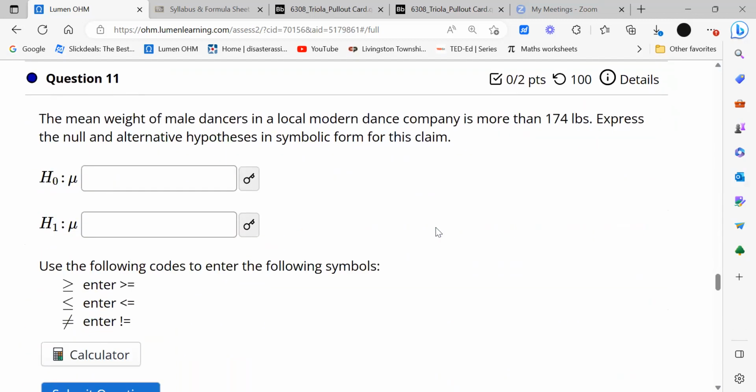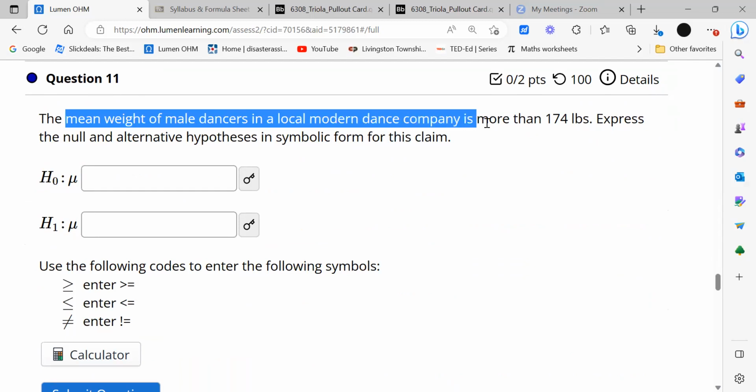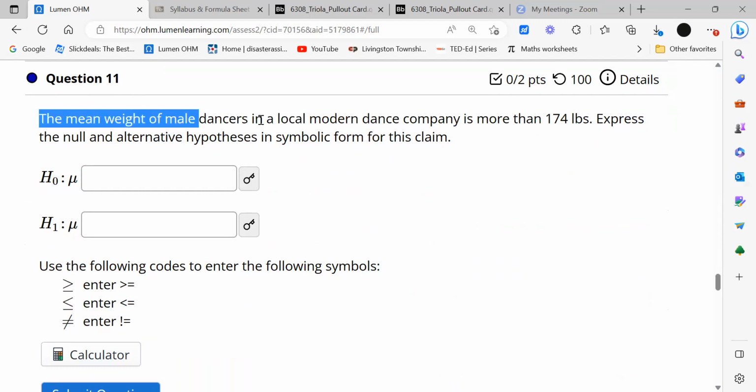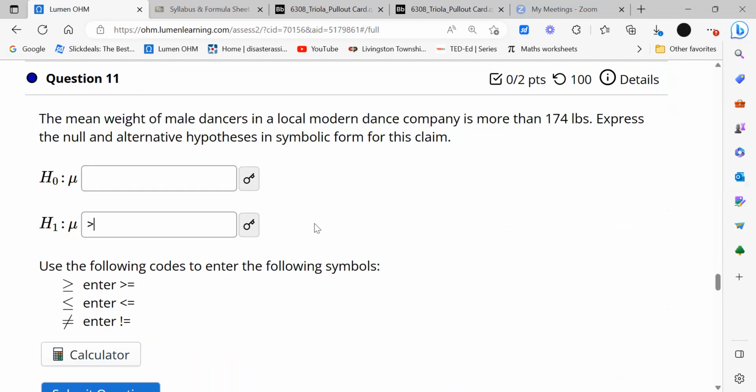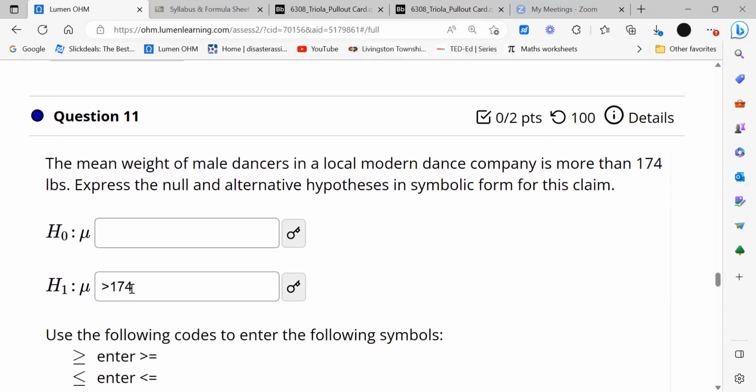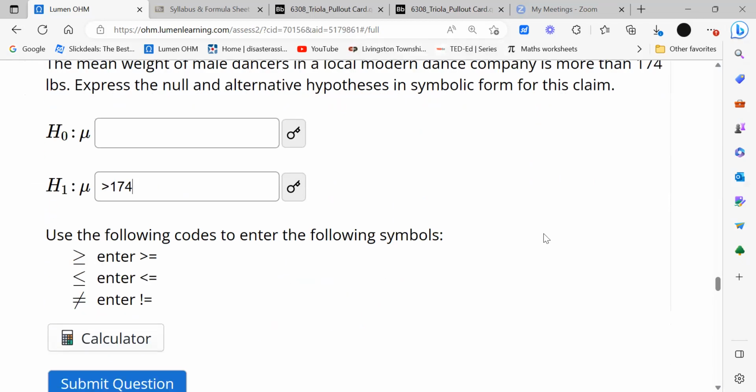And question 11. We are given this statement: the average weight of male dancers in the local modern dance company is more than 174 pounds. This is one of the claims, and its population mean is more than 174 pounds. That cannot be a null hypothesis because there's no equal sign here, so it has to be the alternative hypothesis: mu greater than 174 pounds.